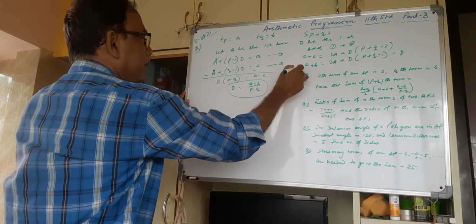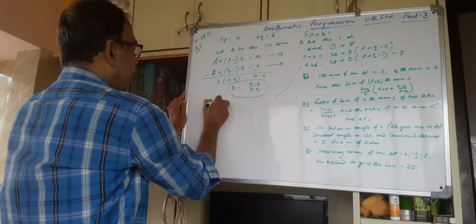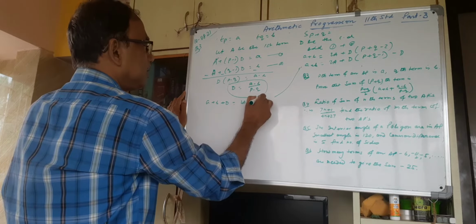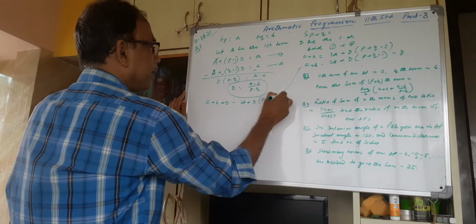Then we can write from here A plus B plus D equals 2A plus D into P plus Q minus 1.